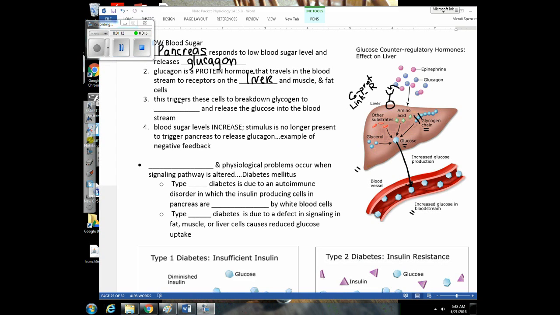Again, the binding to this receptor ultimately triggers the breakdown of glycogen into glucose, so that glucose can be released into the bloodstream, and we can get an increase in our blood sugar levels. Since this original stimulus is no longer present, the original stimulus was low glucose levels in the blood, our end result eliminates that stimulus, and this is another example of negative feedback.